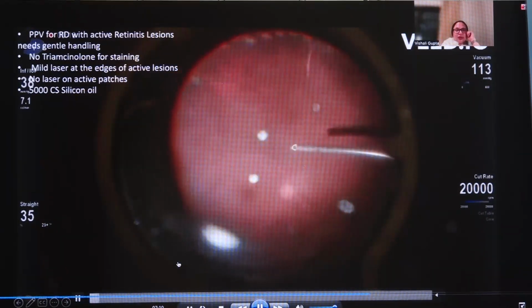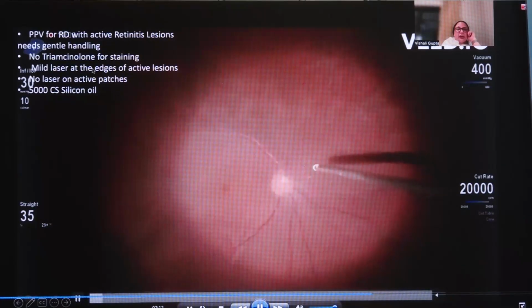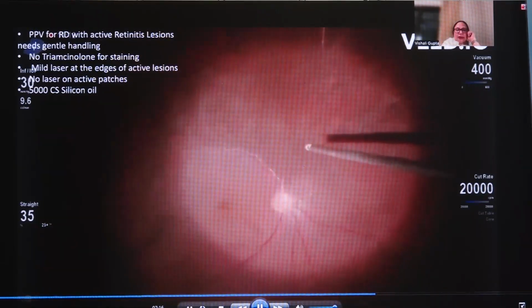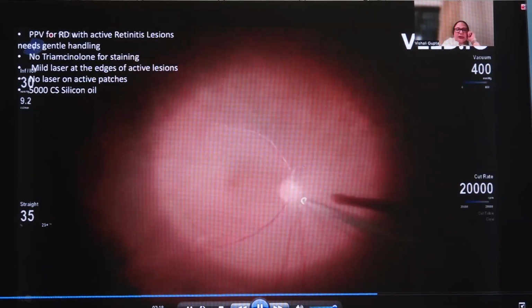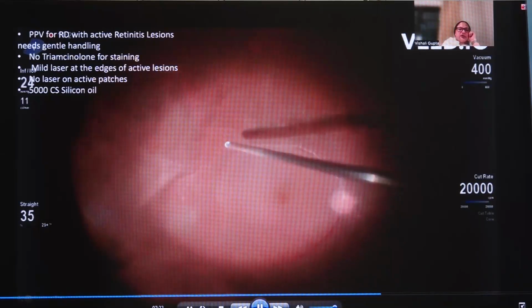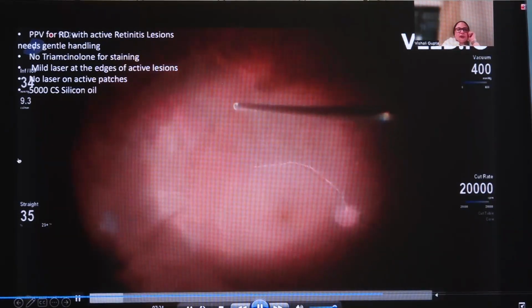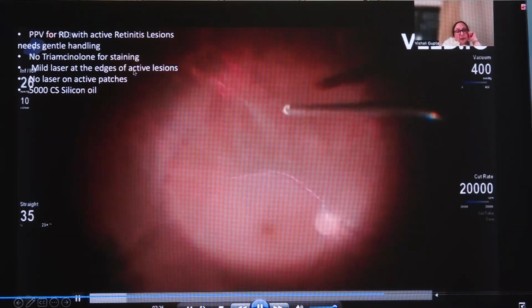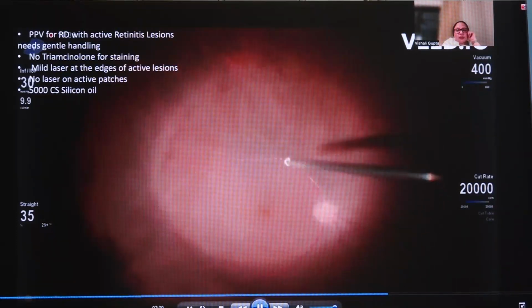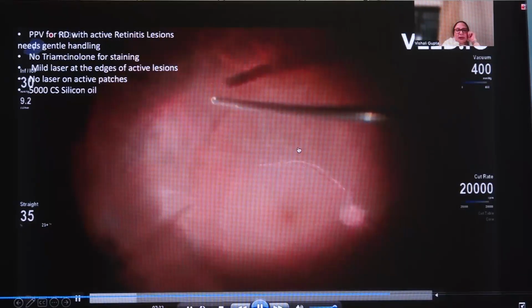do the surgery very quickly, and it's important that when we are doing vitrectomy for retinal detachment with active retinitis lesion, you have to handle it very gently. I personally do not use triamcinolone for staining, especially in a scenario like this, because there are active lesions present.